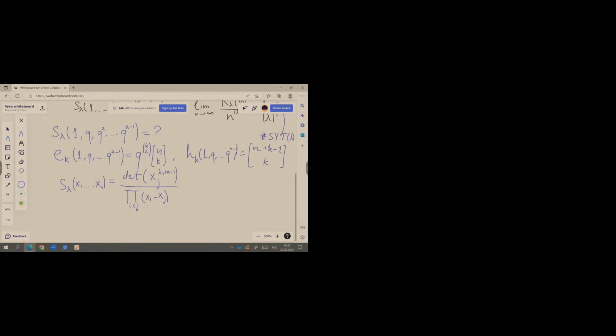Okay, so what happens if now we compute this at xi equal to q to the power i minus 1?